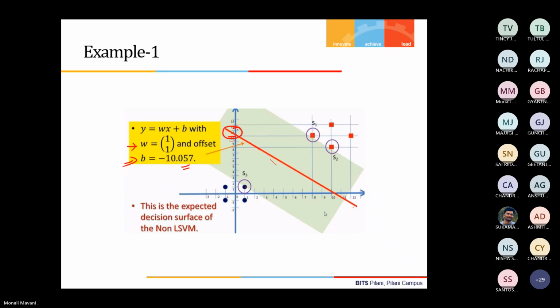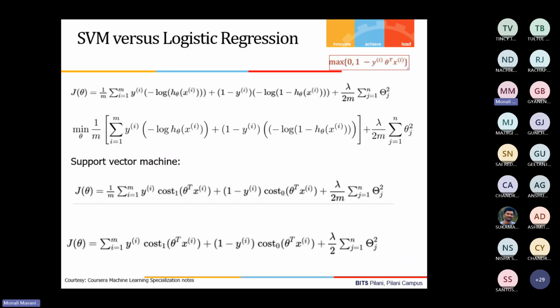Okay, this is some theory you can read on your own. Let me just explain this mathematical comparison of logistic regression and the SVM. This equation, does it look familiar?